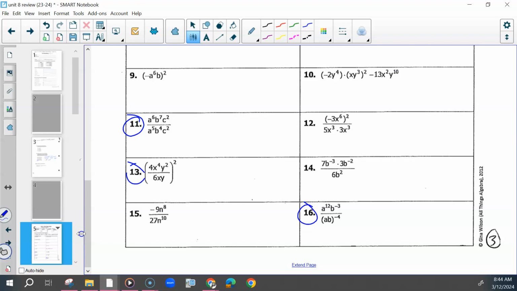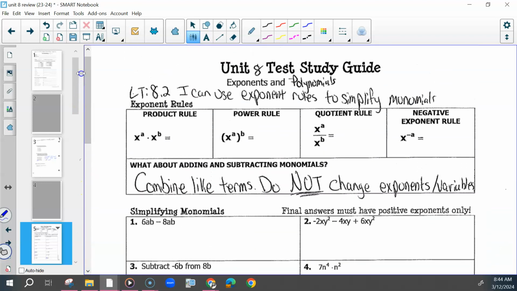So let's first talk about these rules. We haven't named them product, power, quotient, but we've talked about them and know what the rules are. This is just a shortened way to remember.